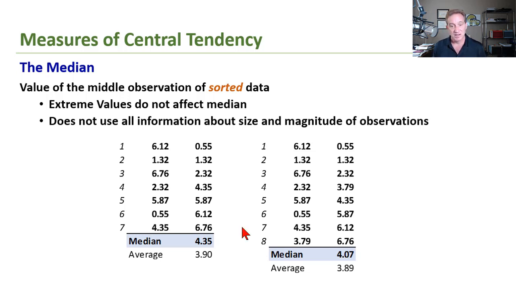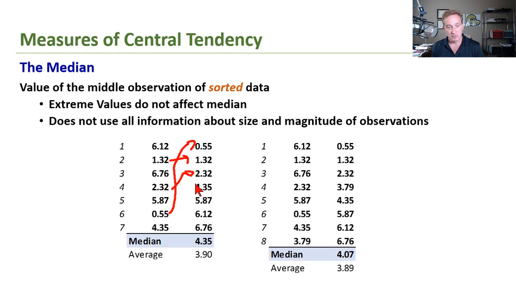And in this example here, we have on the left 7 observations, or here's the raw, let's say, observations as we observe them. And then in the second column, I didn't label it, but this is just the sort, right? The lowest one is going to the top, and then the next value, and then the 2.32.